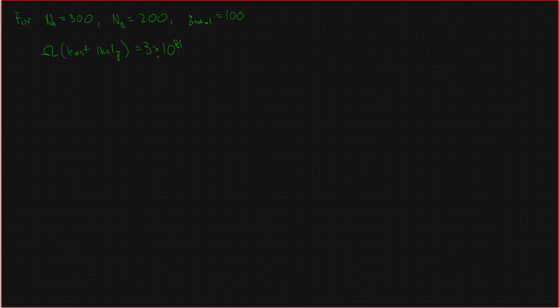You would say, oh, that's a huge number. Like, I don't see what you're talking about. Well, let's just see what omega is for the most likely. This ends up being something like 7 times 10 to the 114. So there's an order of difference here of like 10 to the 33, right?